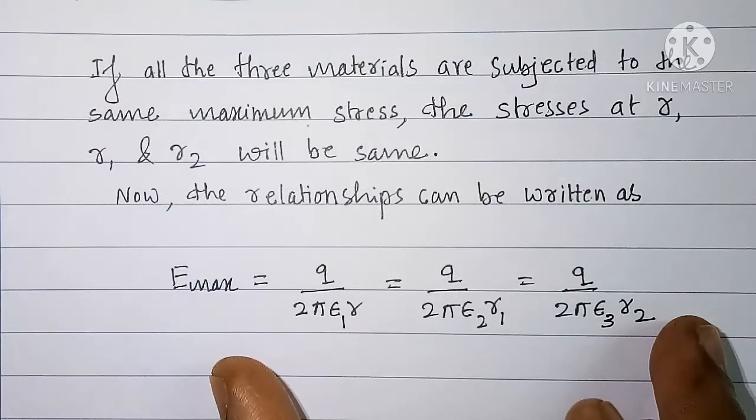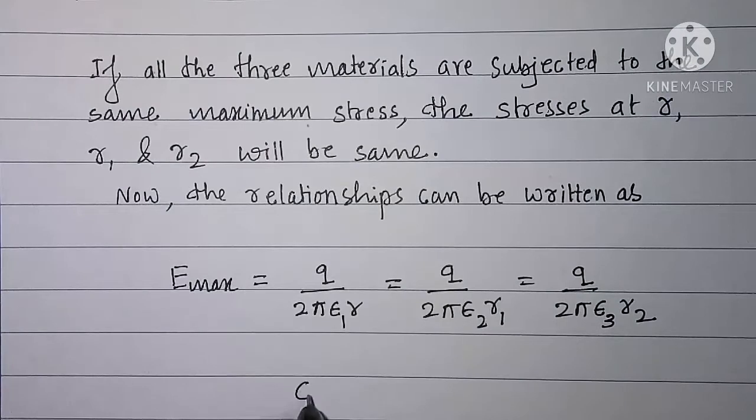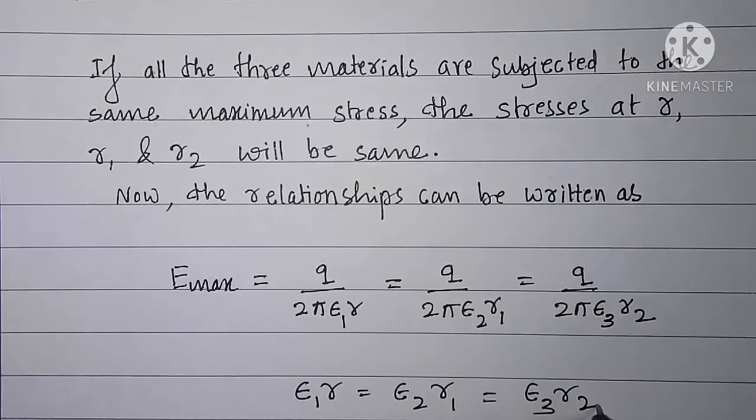From this equality we can obtain epsilon 1 r equal to epsilon 2 r1 equal to epsilon 3 r2.